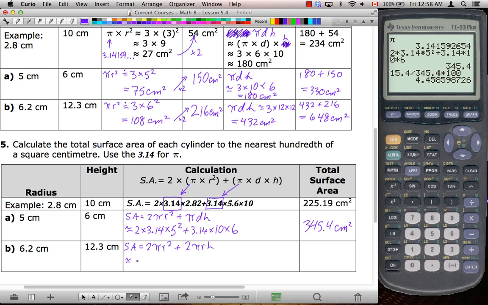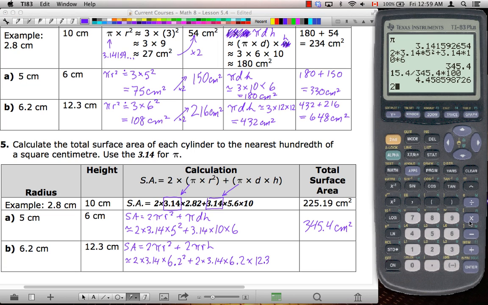cylinder, we are doing 2 times pi, which we're using 3.14 for pi, times the radius squared plus 2 times pi times the, oh yeah, and for pi, of course, we're using 3.14, right? 3.14 times the radius, which is 6.2, and the height, which is 12.3.